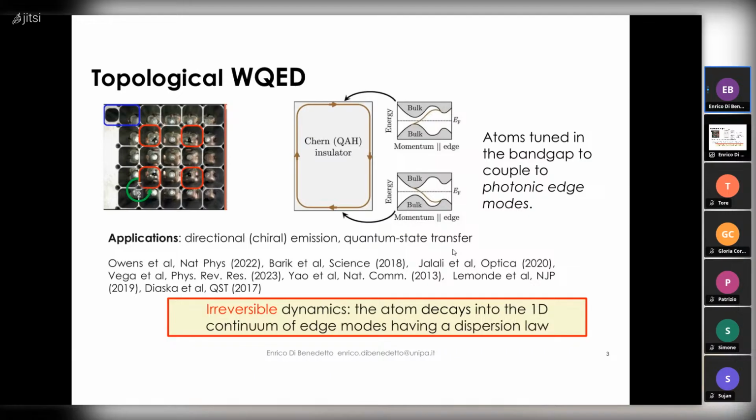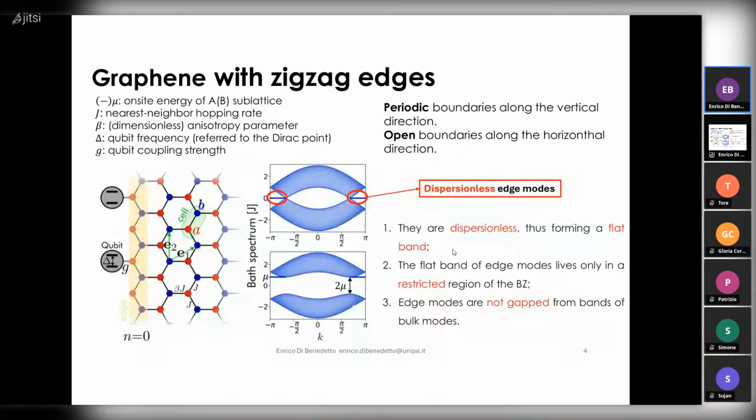So when you study the dynamics of a qubit in this setup, what you get is an irreversible dynamic. You prepare your qubit in an excited state, and you observe its evolution, and you see that the atom decays as if it was coupled to a chiral waveguide. So you observe a kind of irreversible dynamics.